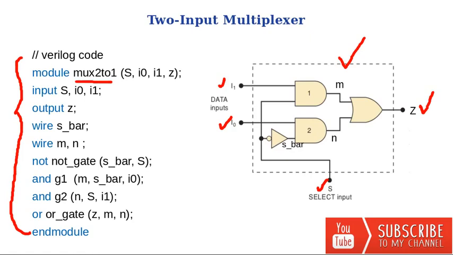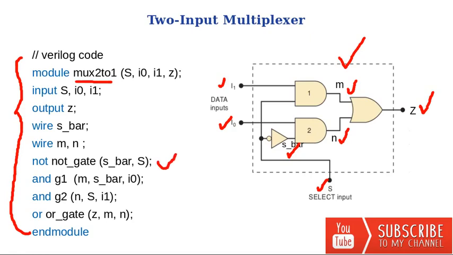After that, the internal signals are described as a wire data type. The internal signals are S underscore bar, N and M. These are declared as a wire data type. Now this S bar is calculated using the NOT gate, where the S signal is inverted and S bar is obtained.